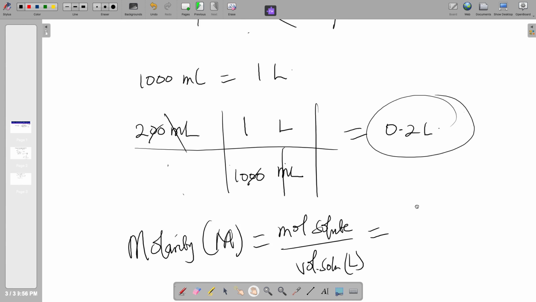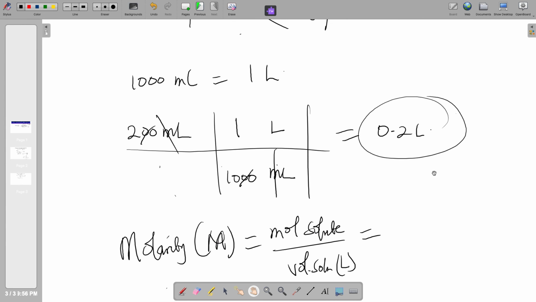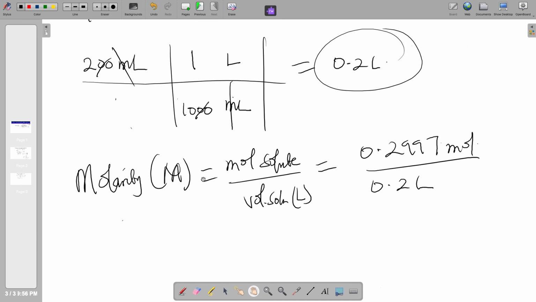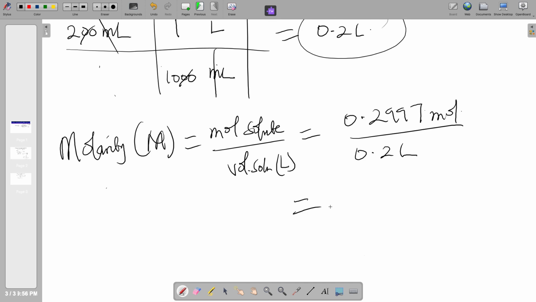So our moles is 0.2997 moles divided by our volume, which is 0.2 liters. Once we divide, we should get an answer. So let's proceed to divide.